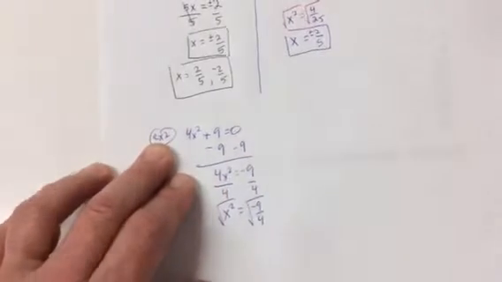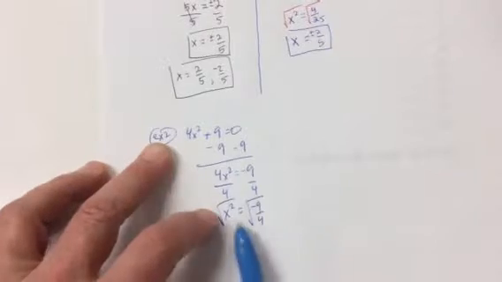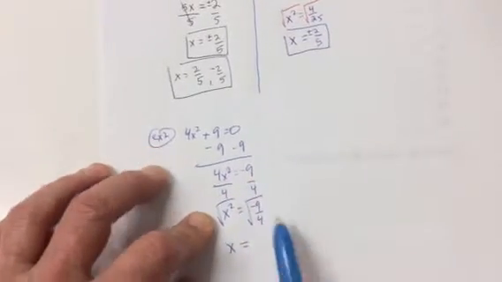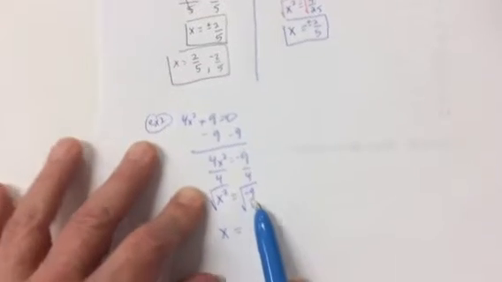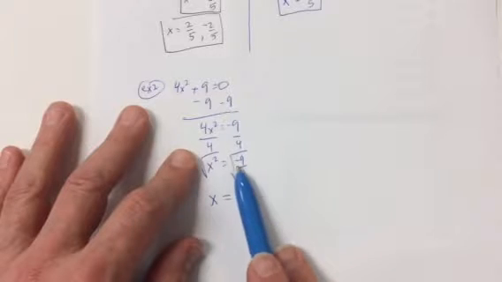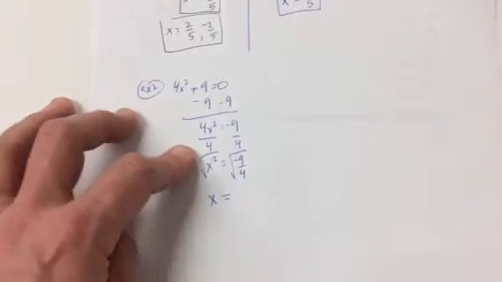We take the square root of both sides. Okay, now we have a little bit of a problem here. The square root of x squared is x, so what number times itself equals a negative number? There isn't one. You can't take the square root of a negative number in this class.